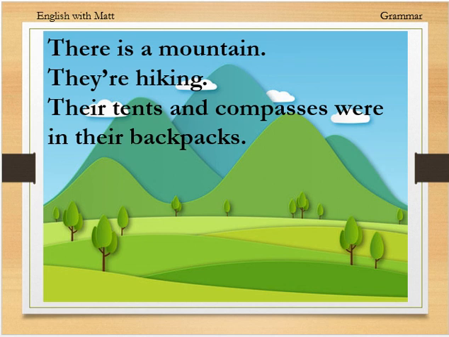So their tents and compasses belong to them, and so do their backpacks. So you can see that we can use the same analogy almost, and use the three types of there, those homonyms, to express different ideas. We should not be getting them confused, because if we get them confused, then we would be writing inaccurately.